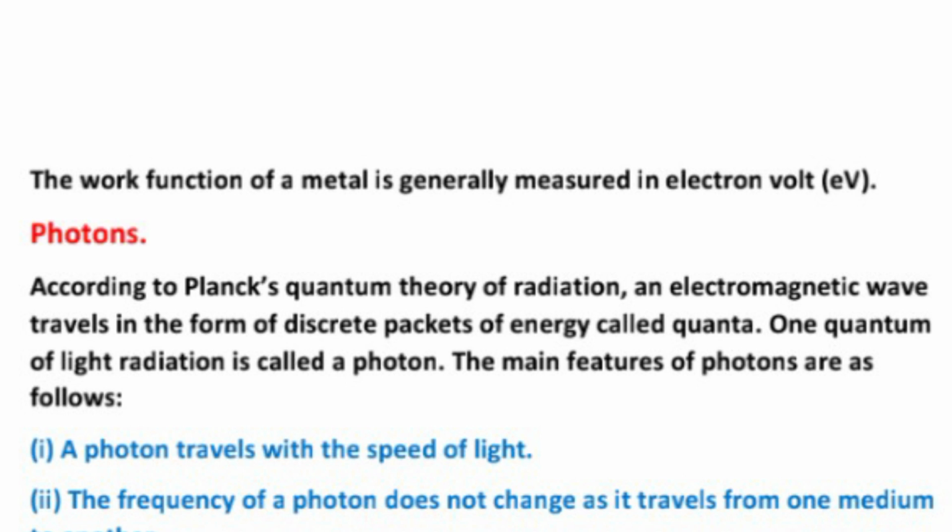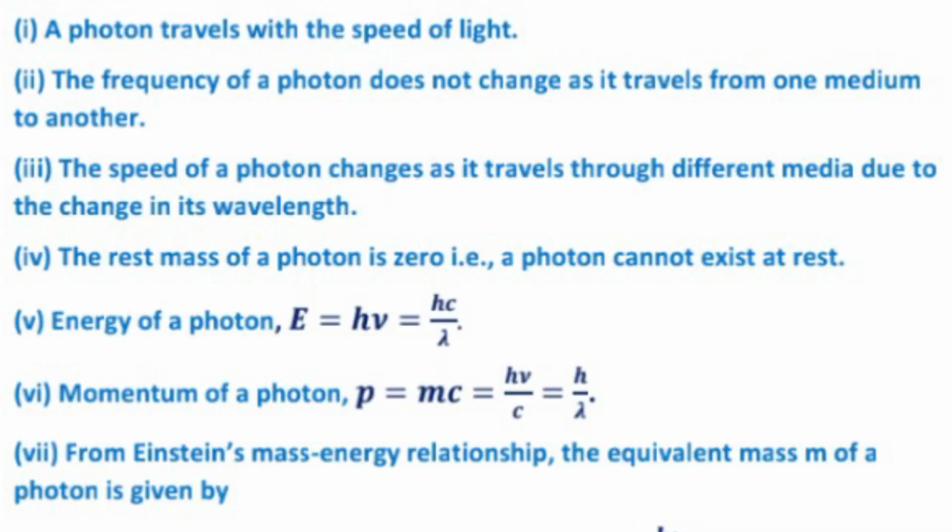Now, photons. What are photons? According to Planck's quantum theory of radiation, an electromagnetic wave travels in the form of discrete packets of energy called quanta. One quantum of light radiation is called a photon. The main features of photons are as follows. First, a photon travels with the speed of light.